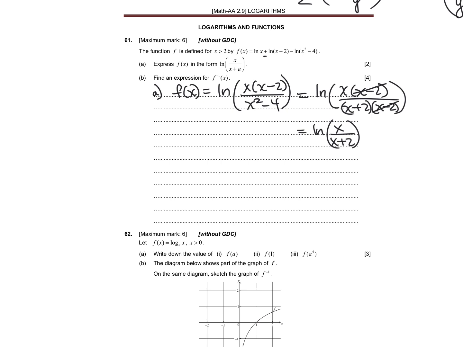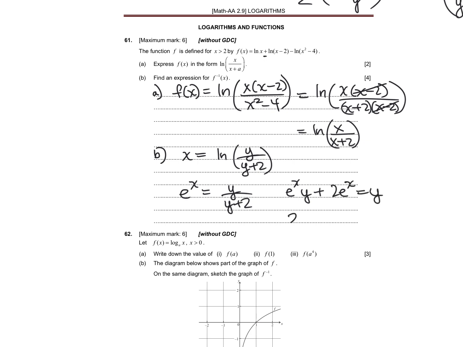B, so if that's y equals, we want x equals natural log y over y plus 2. And we can write this exponentially, so e to the x equals y over y plus 2. Cross multiply, e to the x y plus 2e to the x equals y.